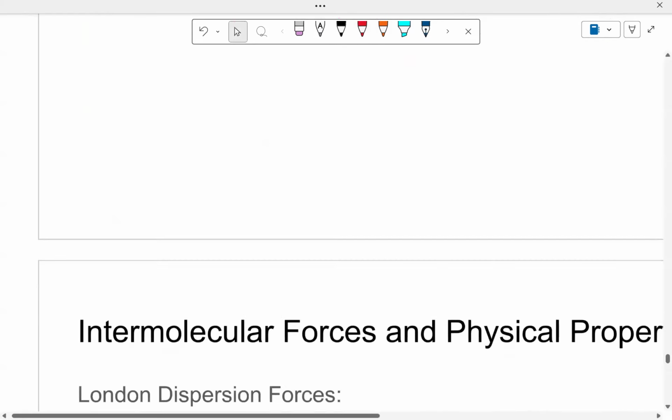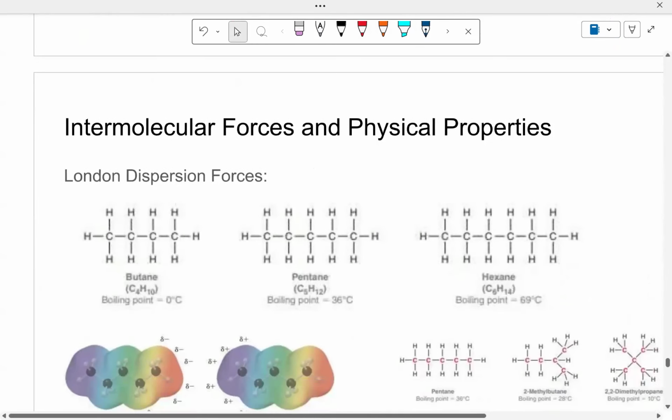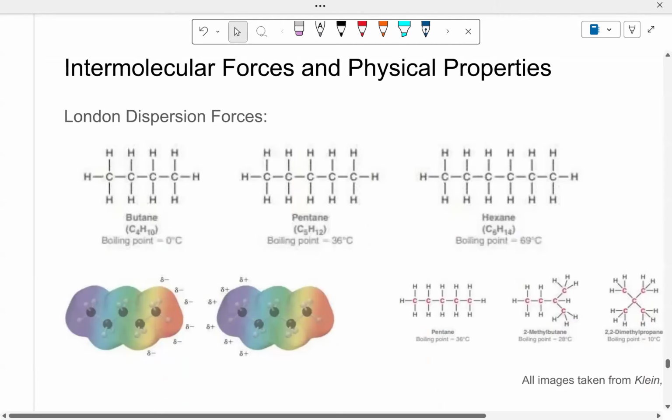Now, the last thing we're going to look at in this part is the role intermolecular forces play on the physical properties of compounds. So I'm going to start off with something known as London dispersion forces. These are also known as van der Waals interactions. London dispersion forces are the weakest of all the intermolecular forces.